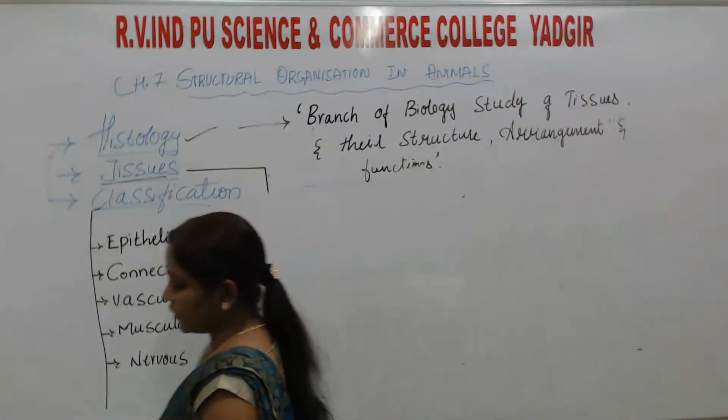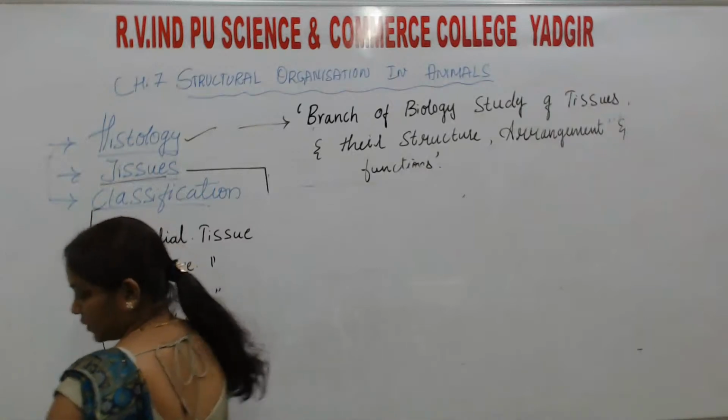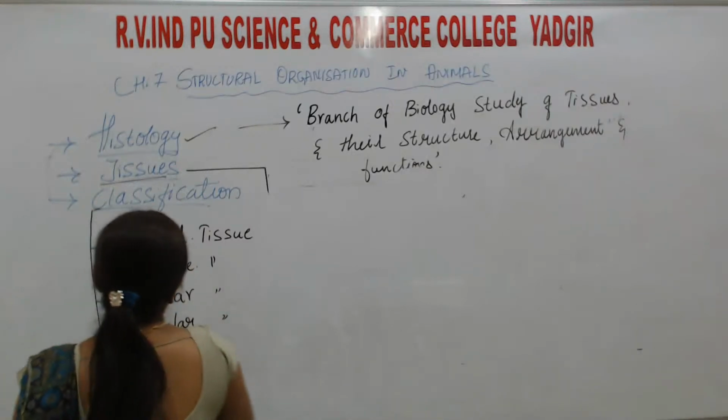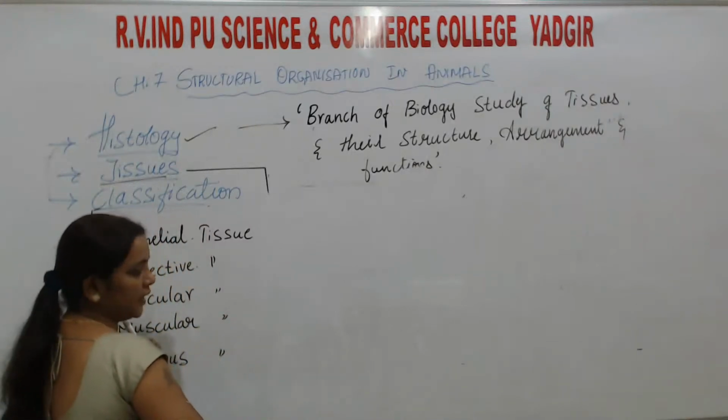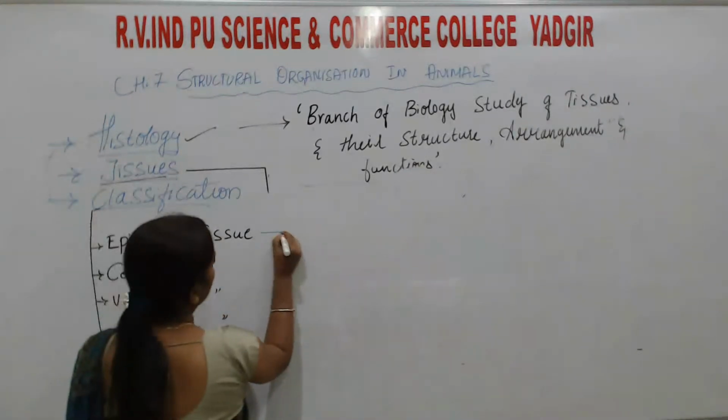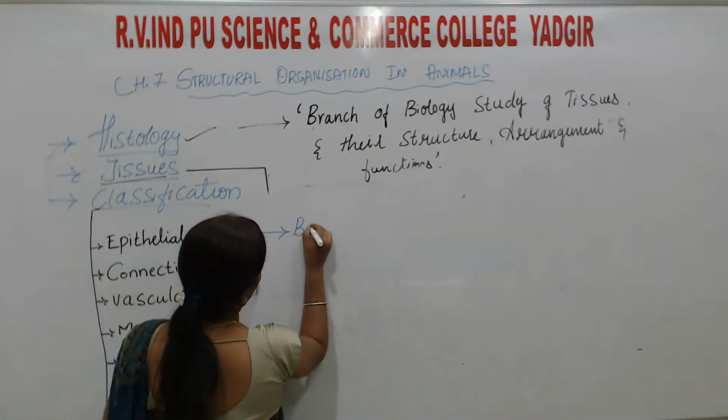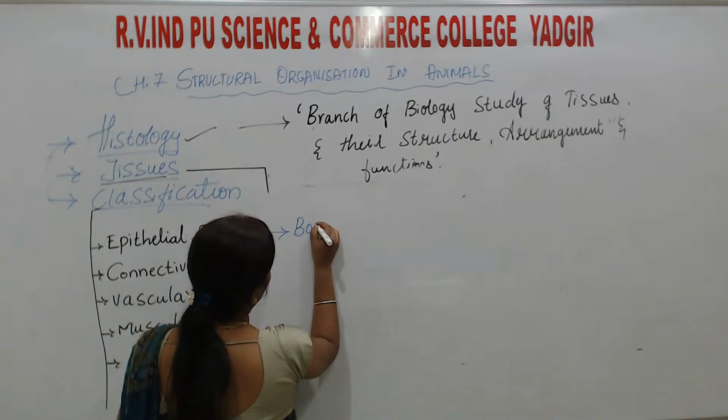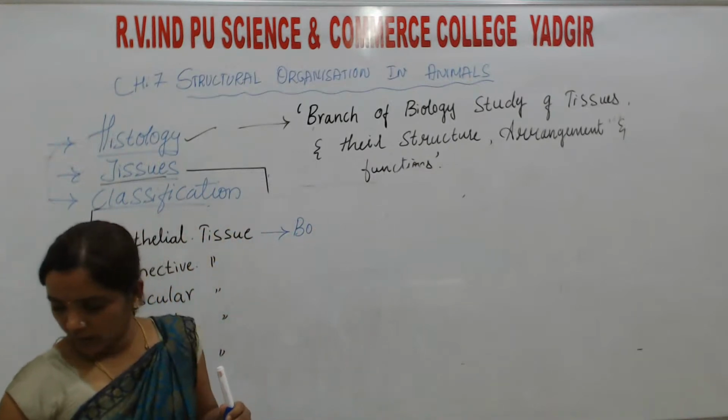Now, one by one, the epithelial tissue is derived from all the three germ layers.